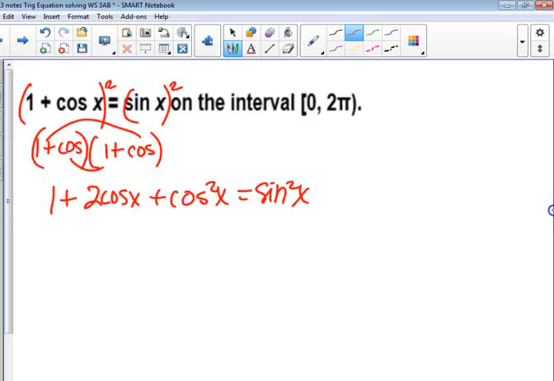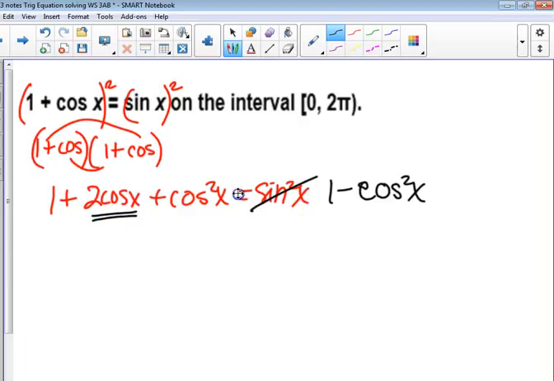I got rid of sine squared, but you could do it a whole bunch of different ways. How could you replace this with a 1 minus cosine squared? It doesn't matter. You could do it differently. But since I already had this plain old cosine over here, I got rid of sine.